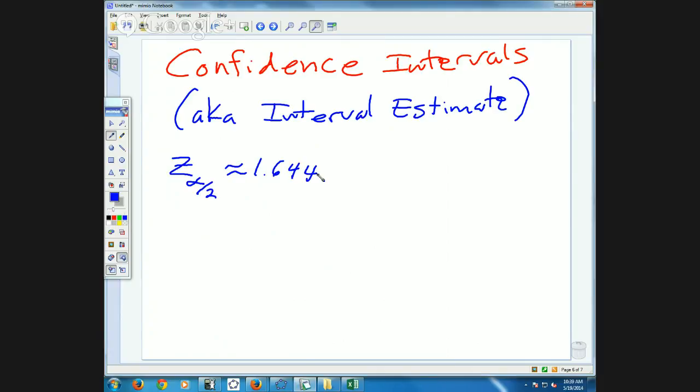And now I also have to take into consideration that I only have 17 people to work with. And that kind of involves the central limit theorem too. So I get this other weird number I'm going to write down, and that's the square root of p hat times q hat over n. And all of that is inside the root. So let's calculate that. Let's see. What's p hat again?